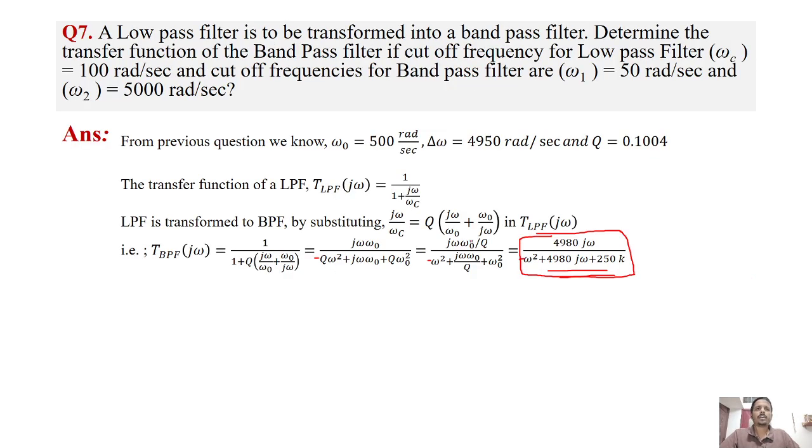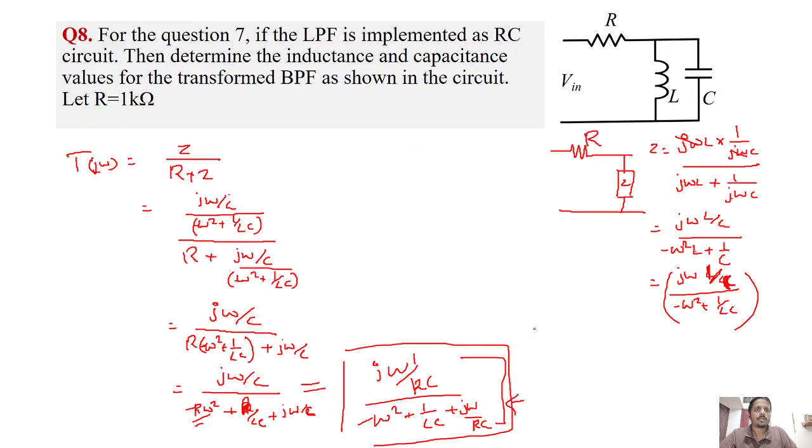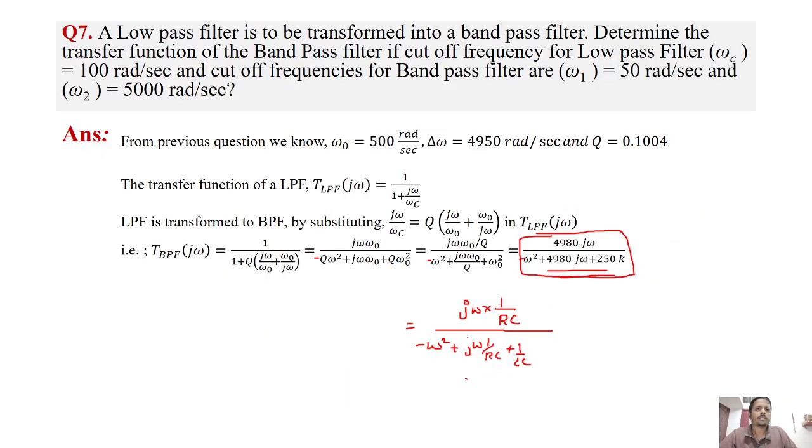So if I write the same equation here, it is j omega into 1 by RC by minus omega square plus j omega into 1 by RC plus 1 by LC, right? So I just rearranged these terms in order to compare. That's the transfer function of that circuit that I found.